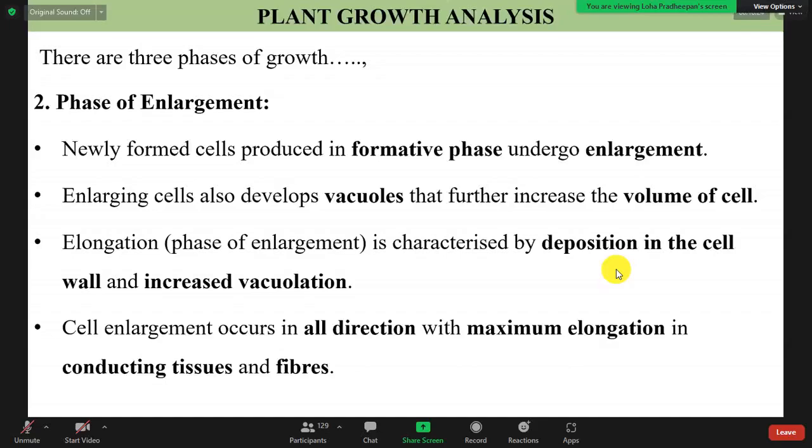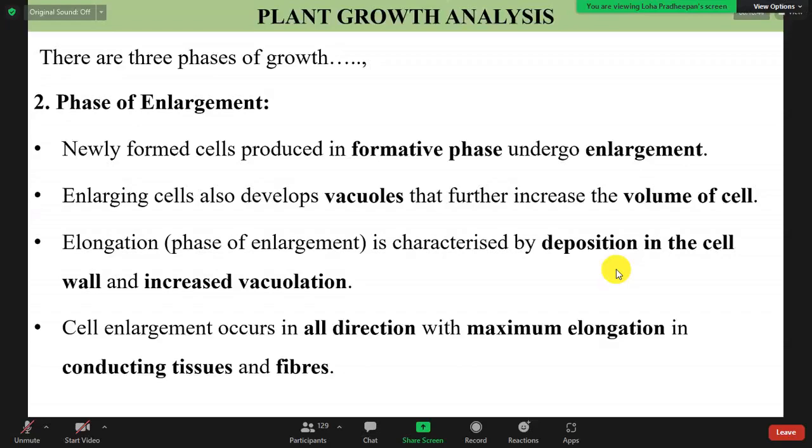Due to the formation of vacuoles, the size of the cell also increases. In the elongation phase, how can we characterize it? By deposition in the cell wall and increased vacuolation.